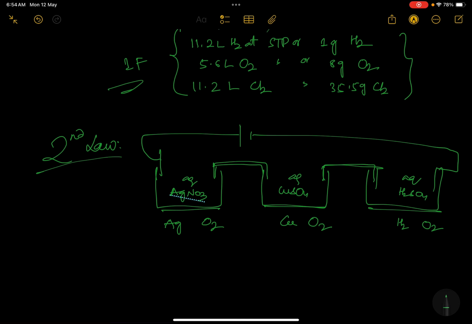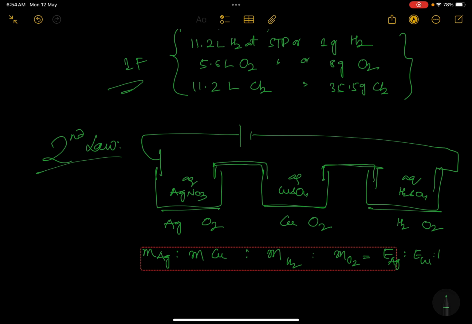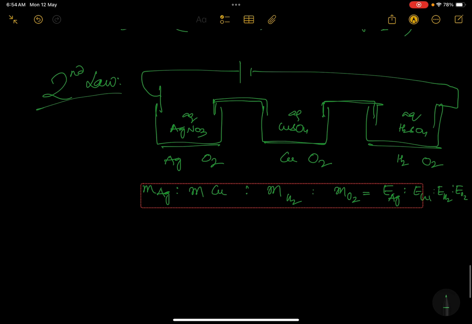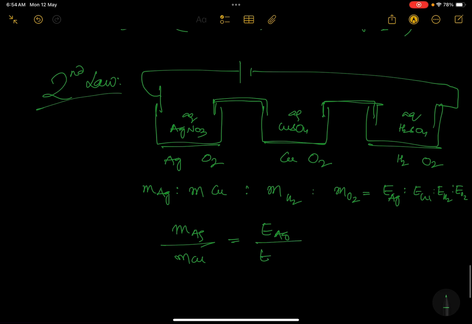So what we say here is the mass of silver is to the mass of copper is to the mass of hydrogen is to the mass of oxygen, in the equivalent weight ratios. Or if you want to take only 2, mass of silver by mass of copper is equal to equivalent weight of silver by equivalent weight of copper.